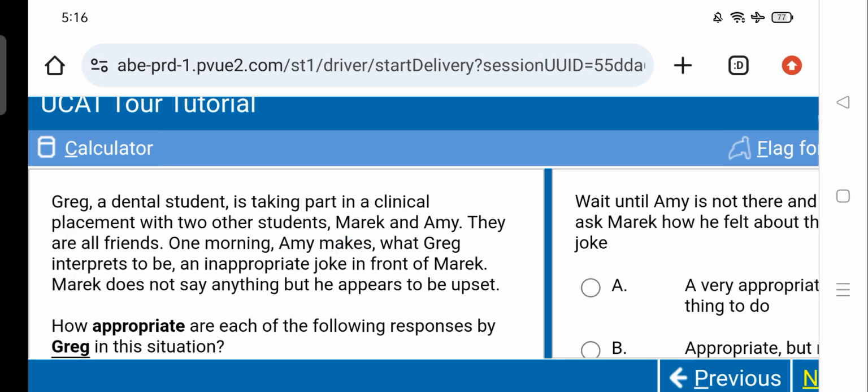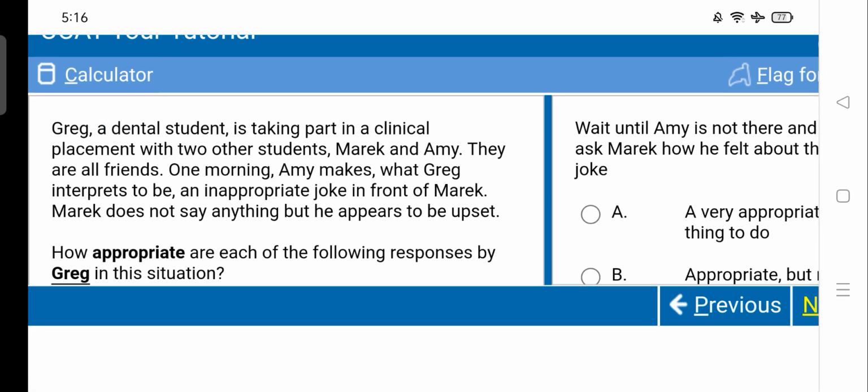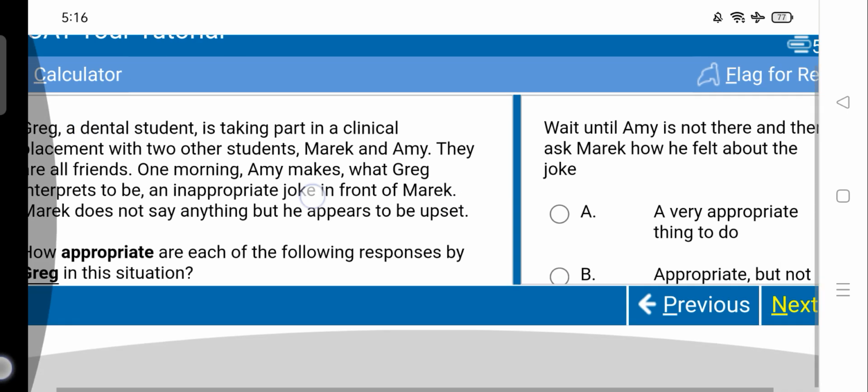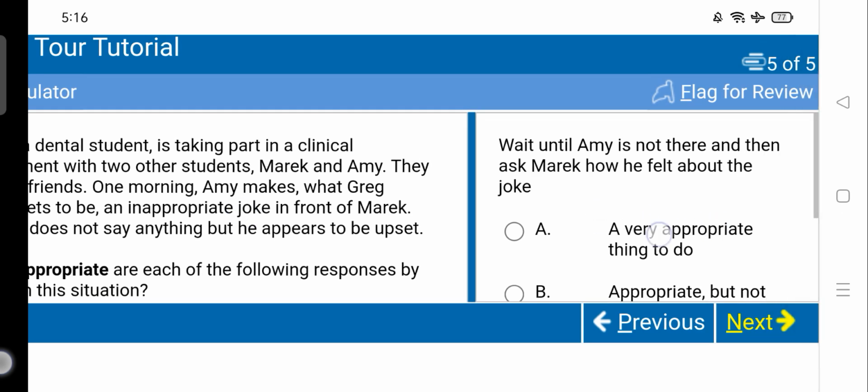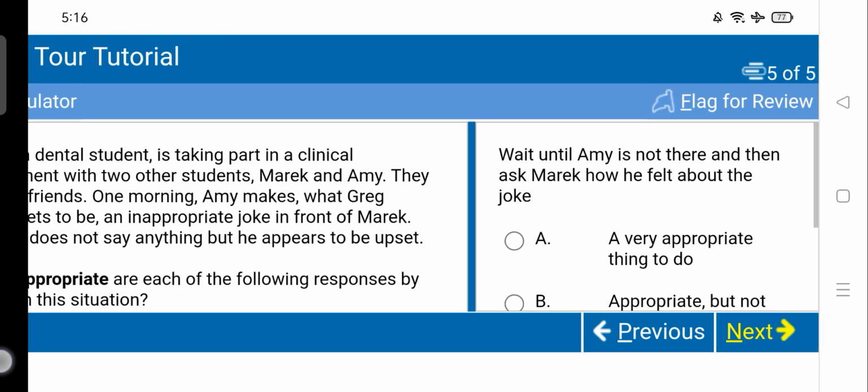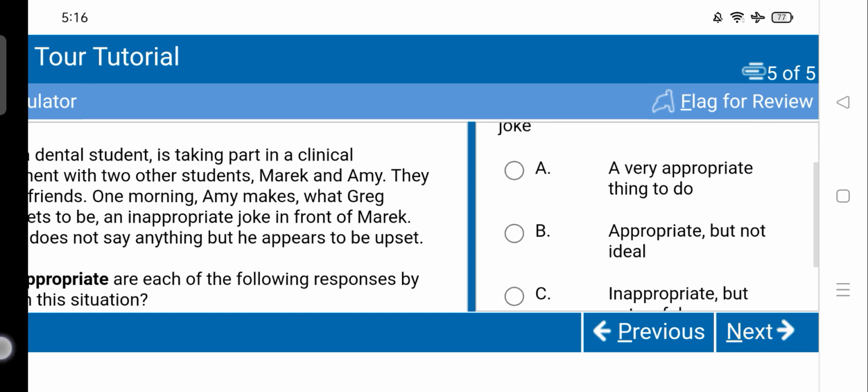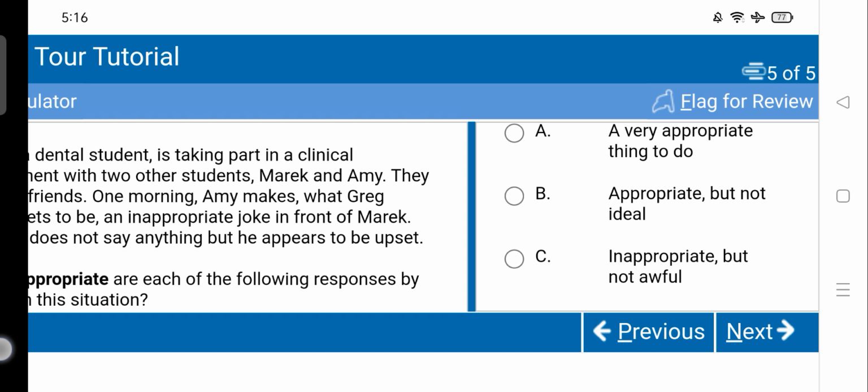So the situational judgment question will also appear with some paragraphs. So here we have a paragraph, you can read it, and then there we have a statement. Wait until Amy is not there and then ask Merrick how he felt about the joke. Option A, a very appropriate thing to do.